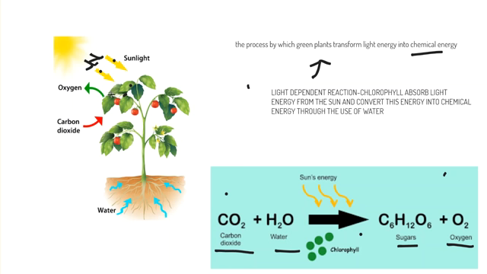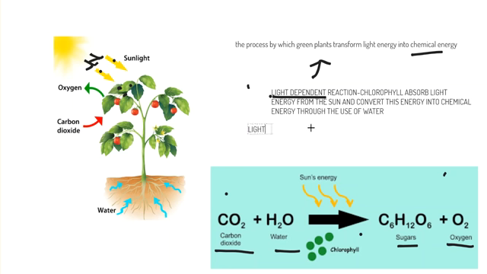This is all taking place in the chlorophyll and in this area, in the thylakoids. The light dependent reaction obviously gets its name because it is dependent on light. It needs this light energy for its process. So that's how this type of reaction got its name.